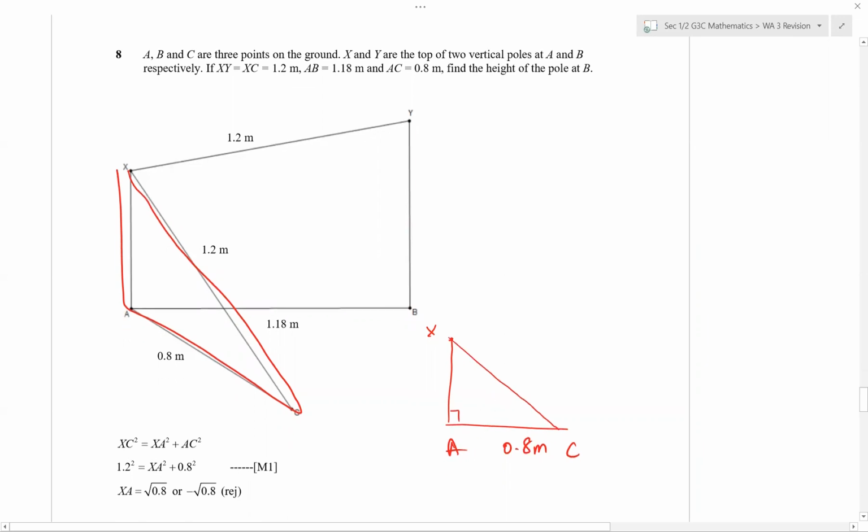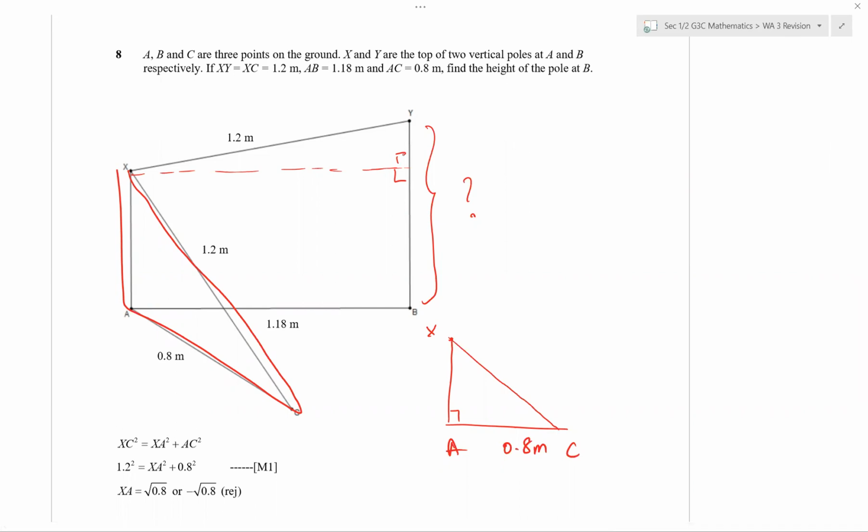So find the height of the pole at B. The question here is for this height. Okay, this height is divided into the height of a rectangle, as well as the height of this little triangle.